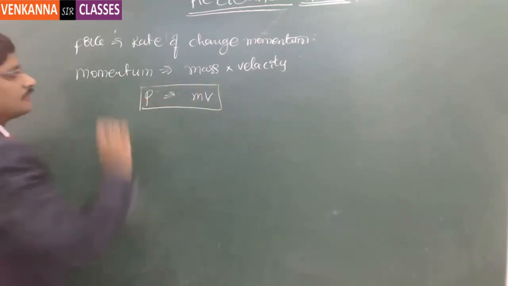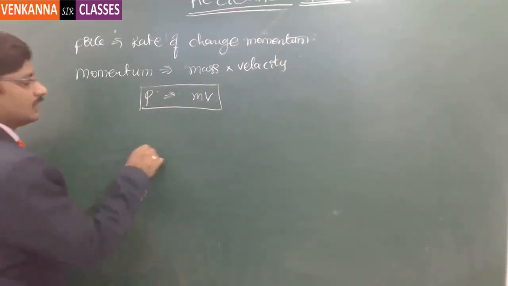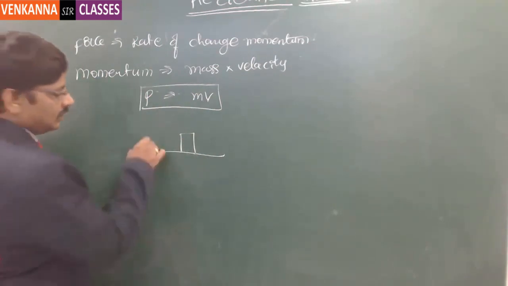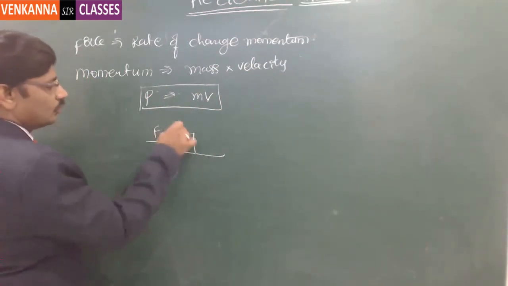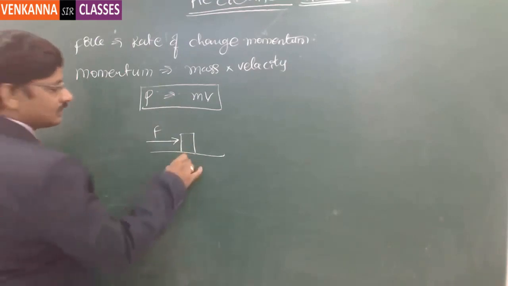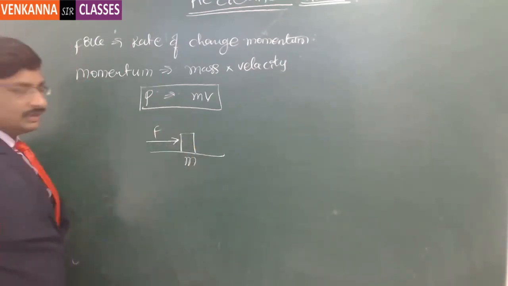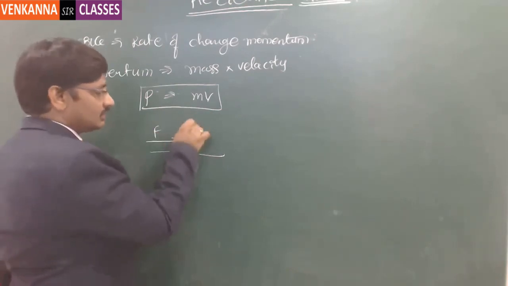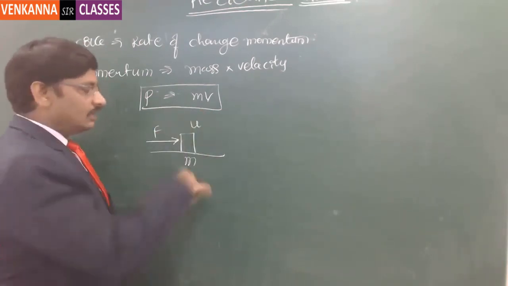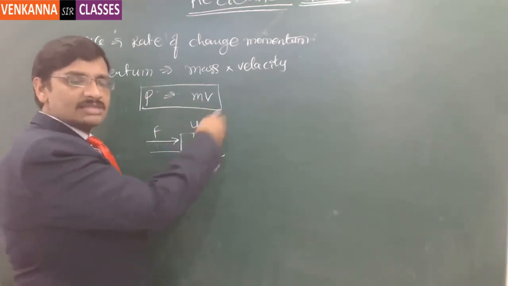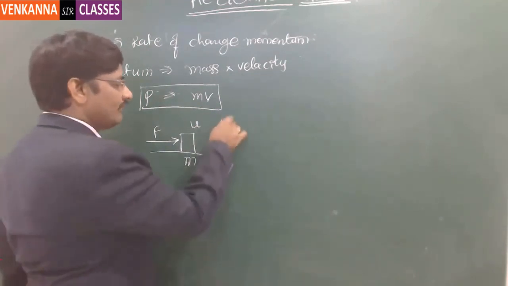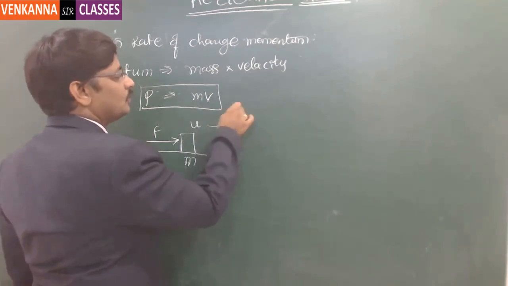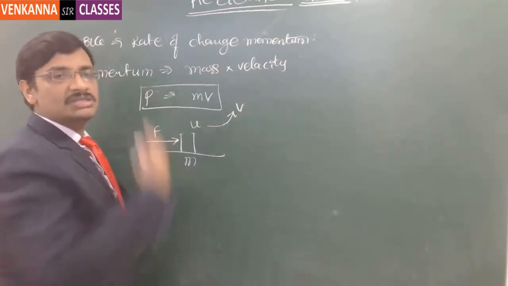Now, rate of change of momentum: if there is a block of mass m, and you want to apply a force to move this block, let us say it is already traveling with a velocity of u, and you want to increase the velocity of this mass to v. So it is raised from u to v, and there is a change in velocity.